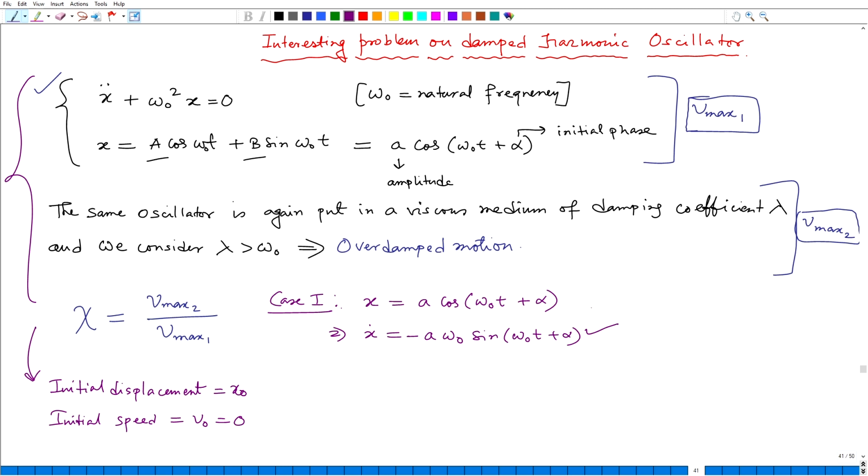At t equal to 0, you will have x0 equal to A cos alpha, and V0 will be equal to minus A omega 0 sin alpha.